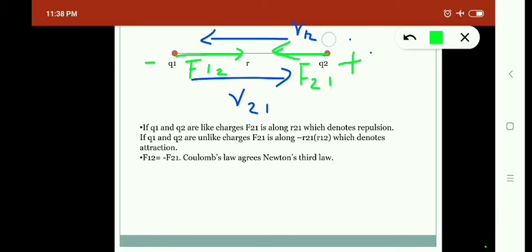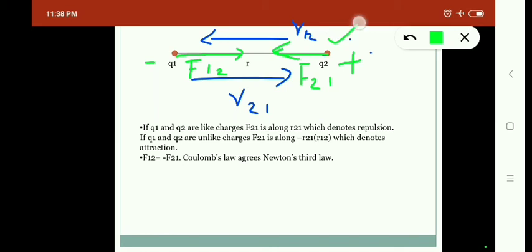Suppose Q1 and Q2 are unlike charges. That means if Q1 is negative and Q2 is positive, what is the nature of force existing between these two charges? Yes, it will be an attractive force. So what is the direction of F12 and F21? The direction of F12 and F21 is shown in the figure. And what is the direction of F21?